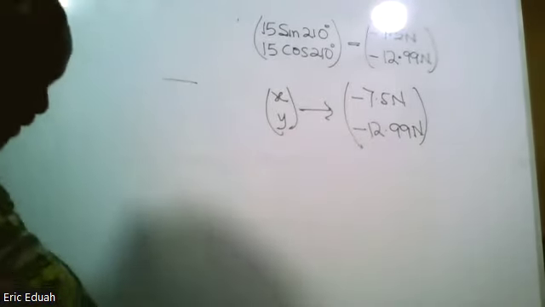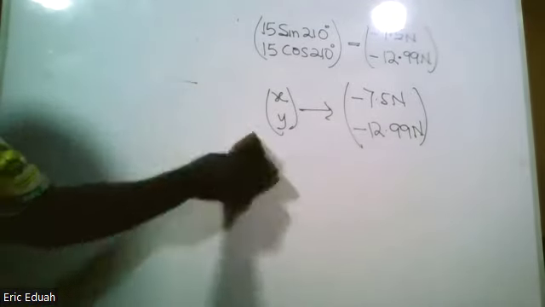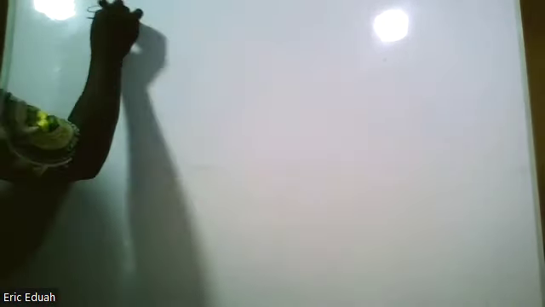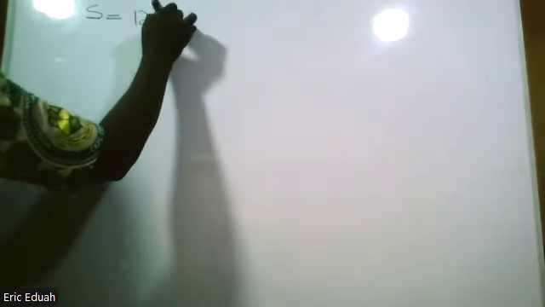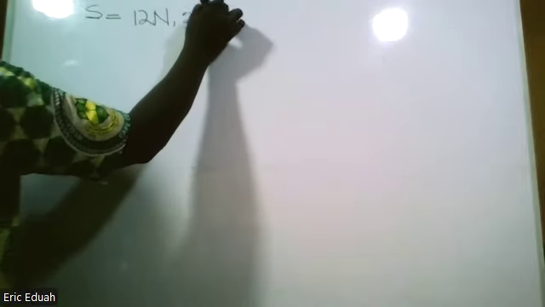If it is cos and sine, it means you are taking the angle to the x axis. But once it is to the y or the north, it must be sine and then cos. So you are talking about S, which is equal to 12 Newton acting at 330 degrees.